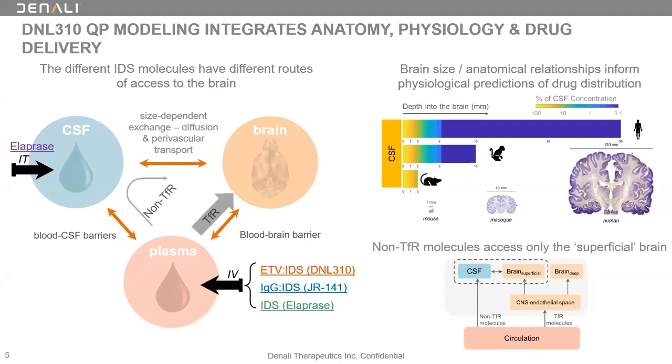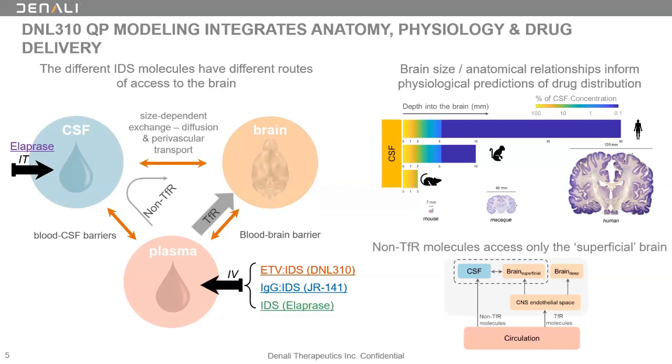Now, what is also shown in that schematic is molecules that are using receptor-mediated uptake, in this case TFR, cross the blood-brain barrier, and through the transcytosis process are able to distribute uniformly to both brain superficial and brain deep regions. In this case, it's uniform distribution over that entire volume.